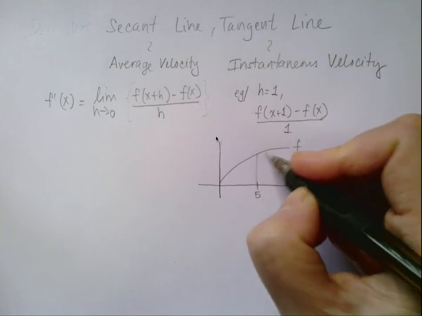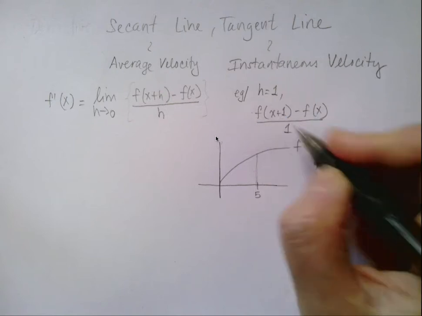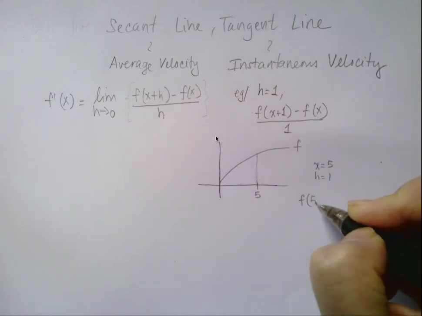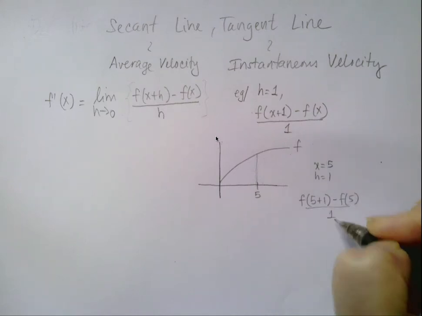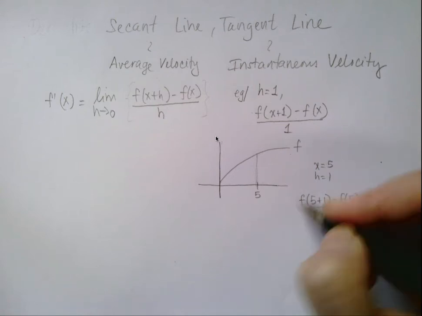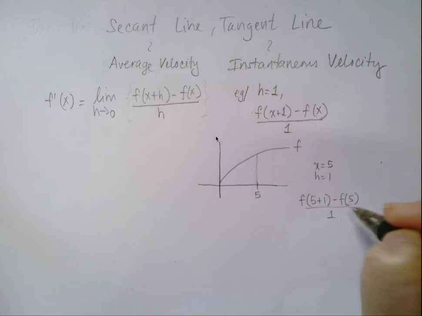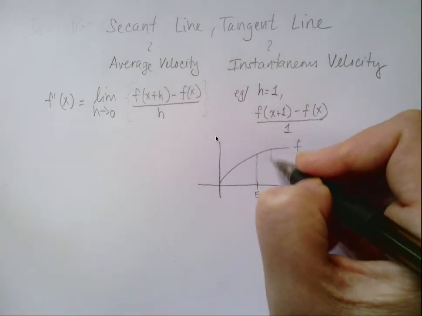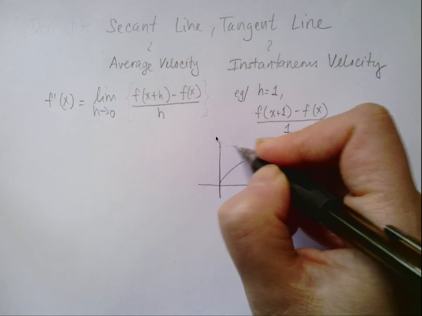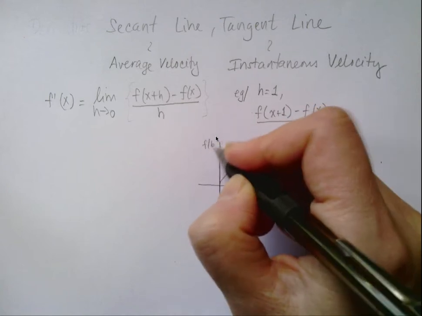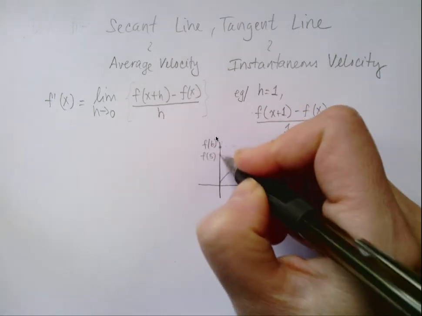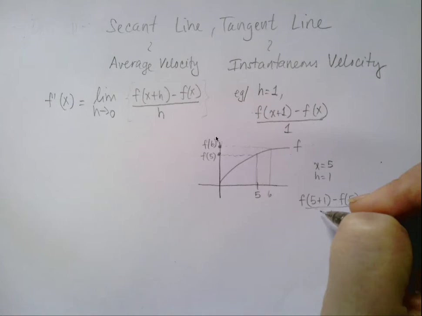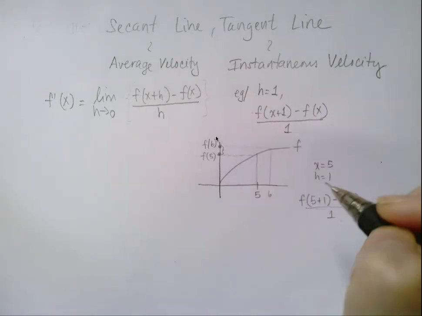What we're looking at precisely is f of 5 plus 1 minus f of 5 over 1. And in fact, when you divide anything by 1, you get the same thing back. So this is just f of 6 minus f of 5. Here's f of 6. F of 6 minus f of 5. So this quantity, this average velocity, is just this distance.